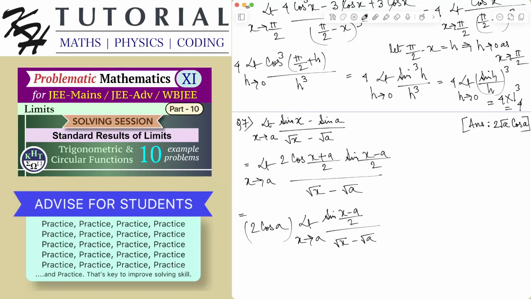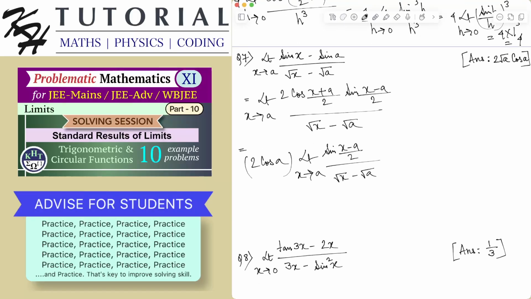Let's rationalize. Since there is sin((x minus a) by 2), I have to somehow bring (x minus a) by 2 in the denominator, and I will adjust it. Let's solve this part; let this be small l.